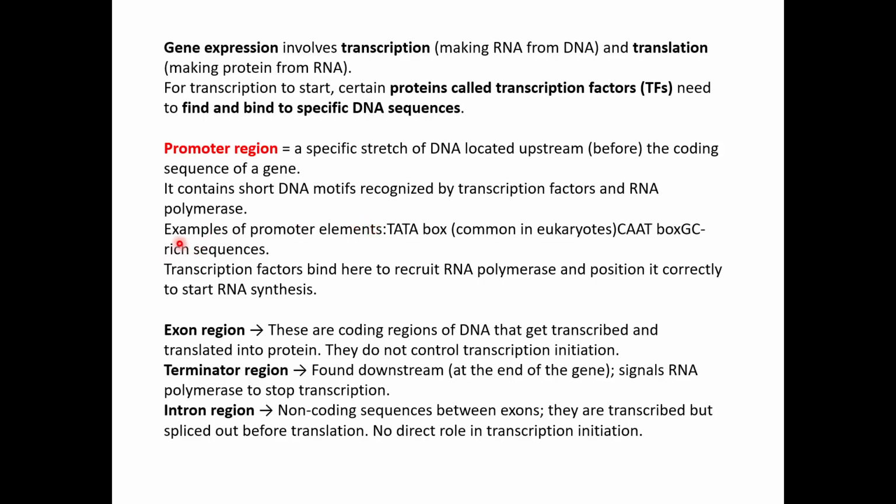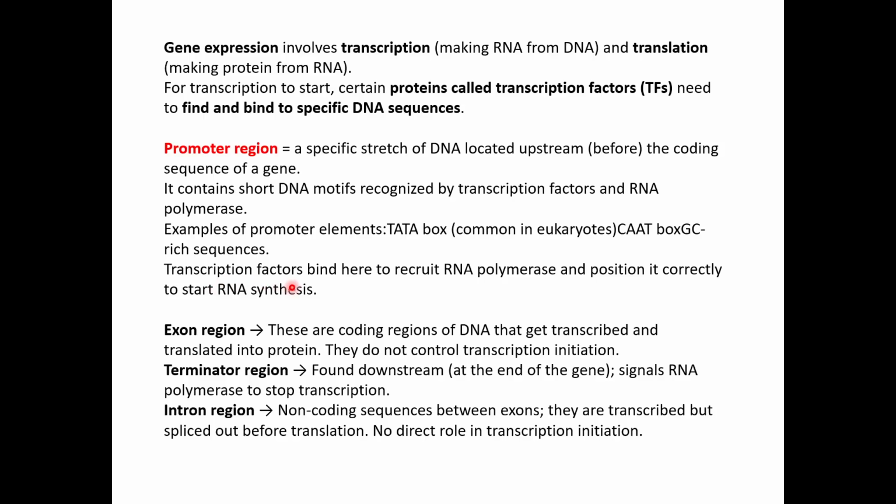So these promoter regions have certain elements which are common in all eukaryotes. These are TATA boxes and CAAT box, and they have a GC rich sequence. So this is conserved and it is common in all the eukaryotic promoter regions.